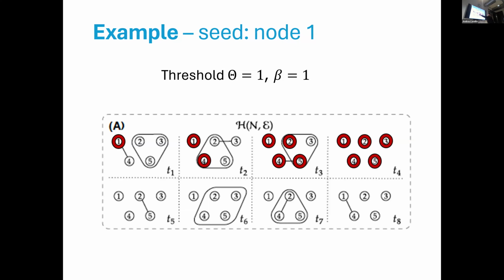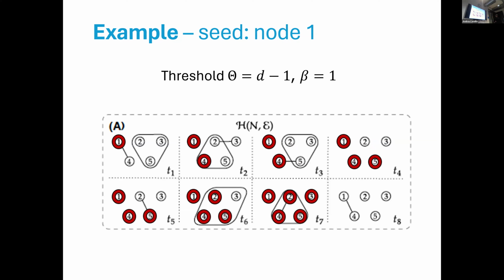At this time t2, node 4 has an order 3 hyperlink interaction with node 2 and node 5, so at time t3, node 2 and node 5 get infected. Then node 2 and node 5 have an interaction with node 3, so node 3 gets infected in the next step. At time t4, the process finishes because all nodes are already infected.